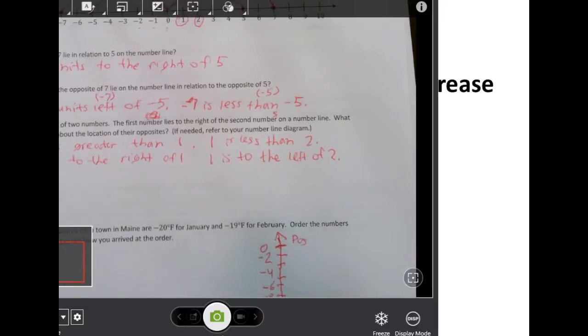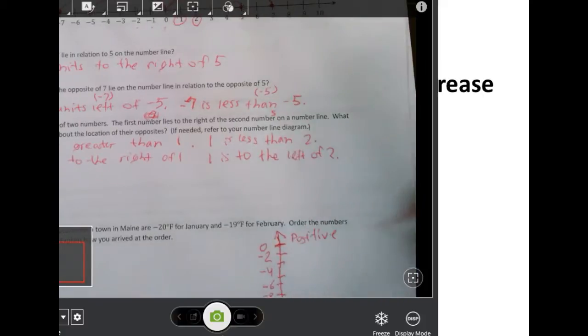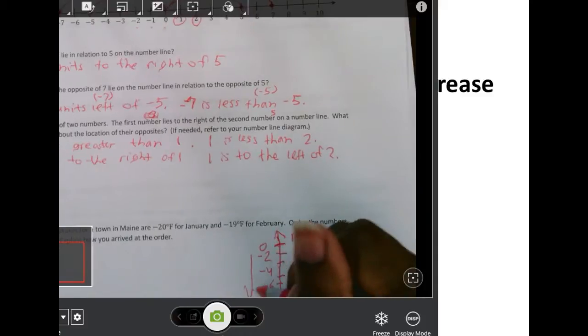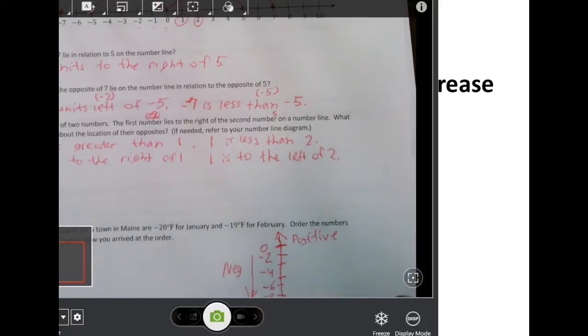Alright, so if this is -19 and it is above, and our positive numbers are above 0, and our negative numbers are below or decreasing, then -19 is greater than -20. So -19 is greater.